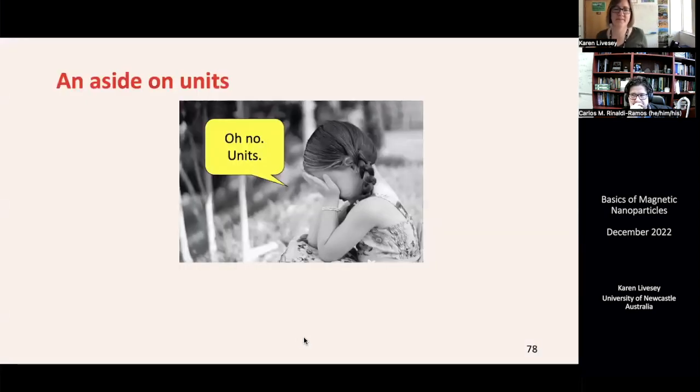Okay, this is my ever popular aside on units. We talked about units some last time when we made sure we all knew the units for magnetic moment, magnetization, field, and so on. But I just want to make it really clear, because units in the area of magnetism research is a continuous pain for everyone.